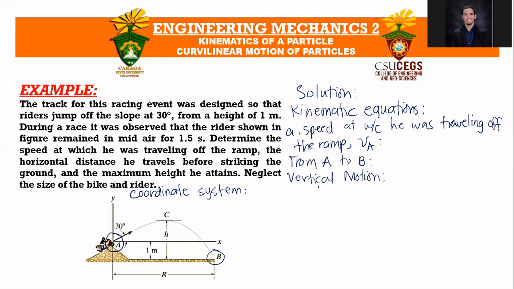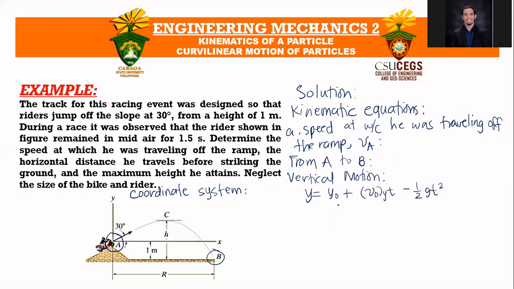So ang gamiton nato na equation is actually from the vertical motion, especially that the vertical motion equation is the second equation, which is y is equal to y0 plus v0y t minus 1/2 g t squared.